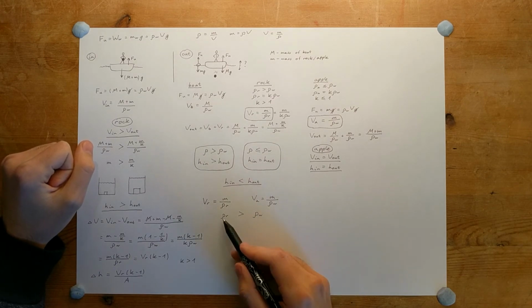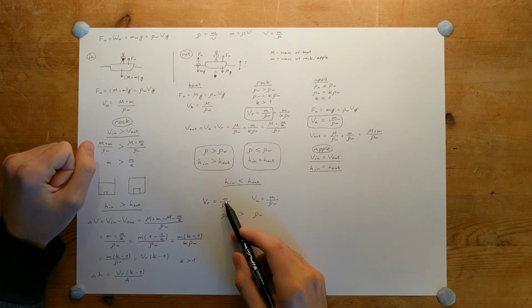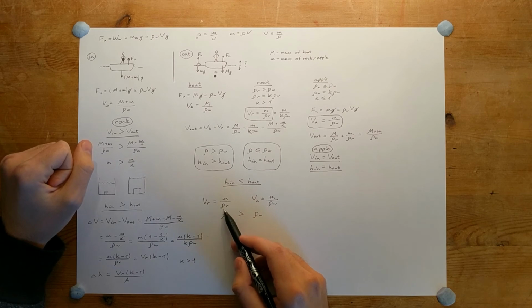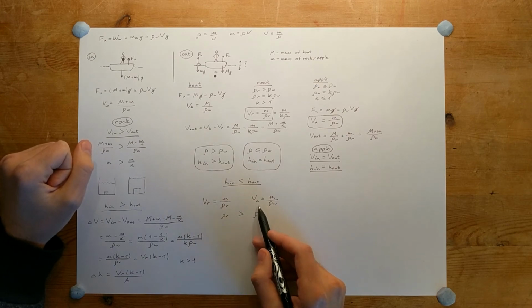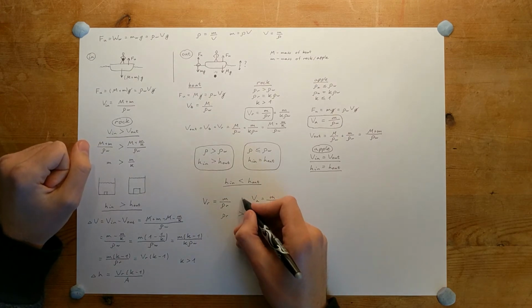Therefore, this value is greater, and when we divide mass by the greater value, we get that the volume displaced by the rock is smaller than the volume displaced by an apple.